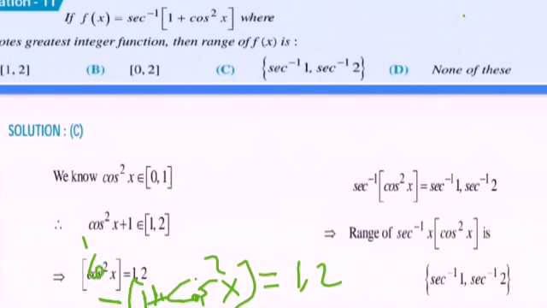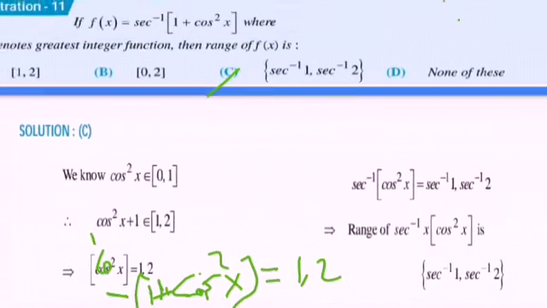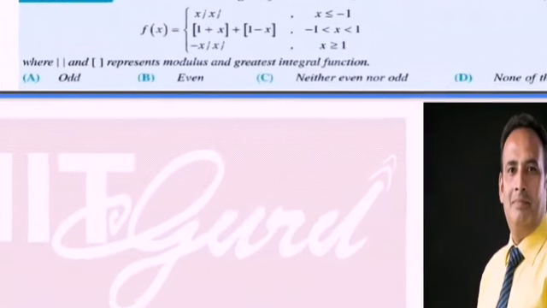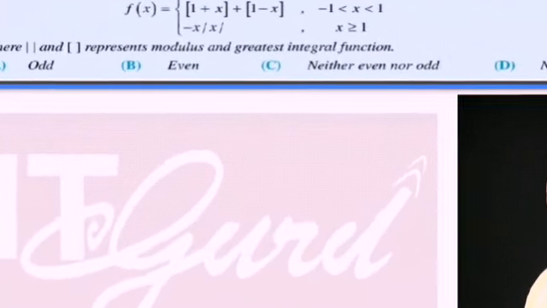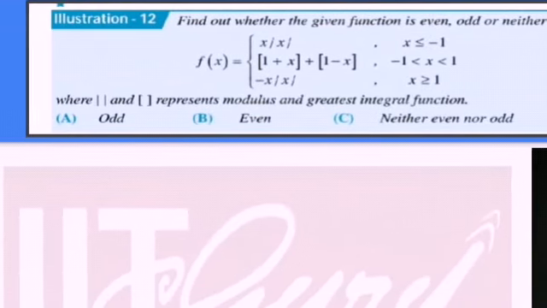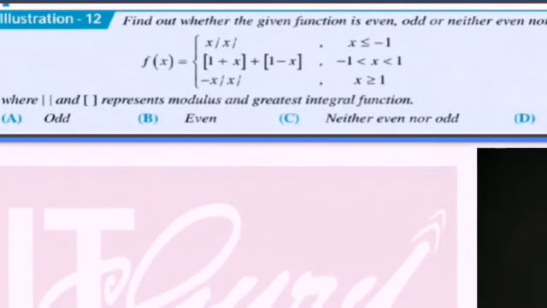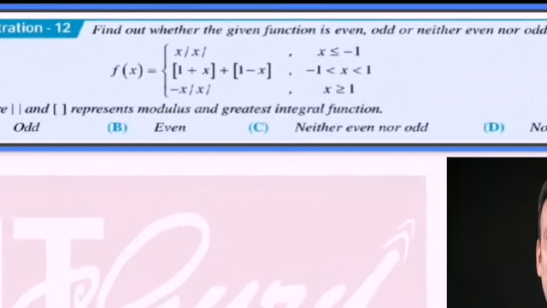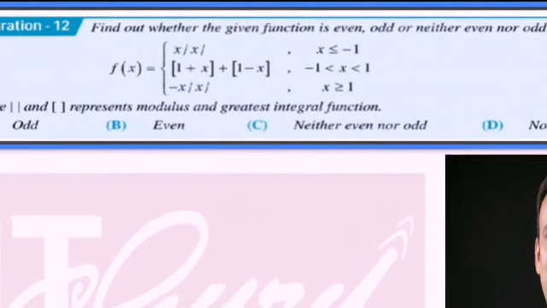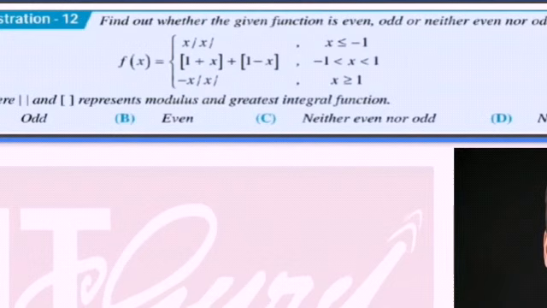And another part is [1 plus x] plus [1 minus x], for x lies between -1 to +1, and minus x into [x], that is for x greater than or equal to 1. Where this denotes the mod function, and the square bracket represents the greatest integer function. Odd, even, neither even nor odd, and option D is none of these. Correct? So let's see, try yourself first and then go for the solution immediately.